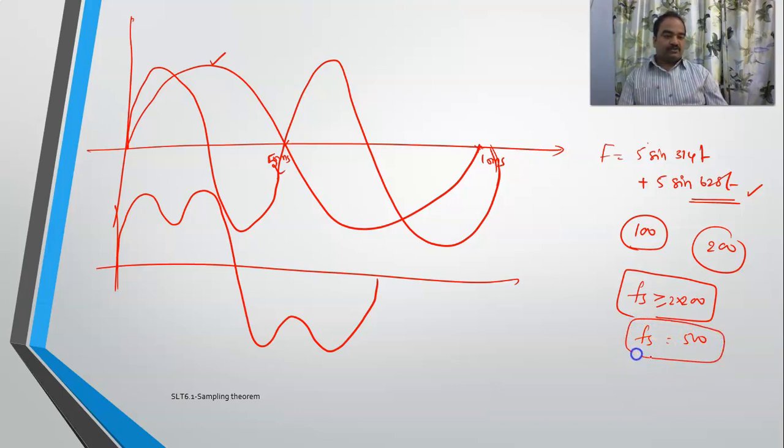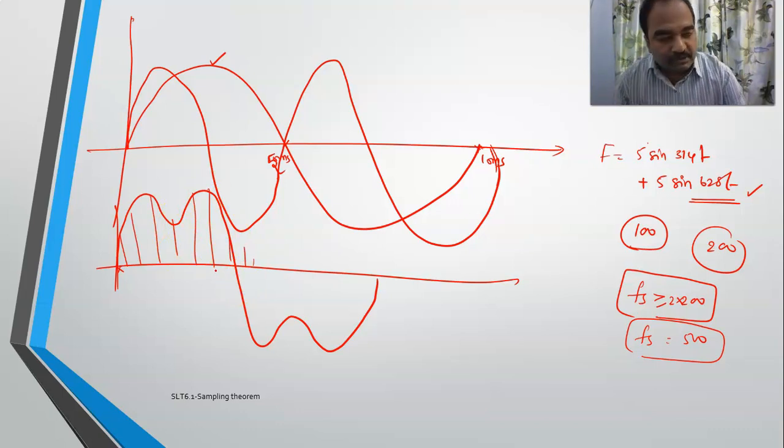So in this case, I should go with 500 hertz, which means 5 times. So within this, I am supposed to take 10 samples here: 1, 2, 3, 4, 5, 6, 7, 8, 9, 10. This is how you are supposed to take samples.